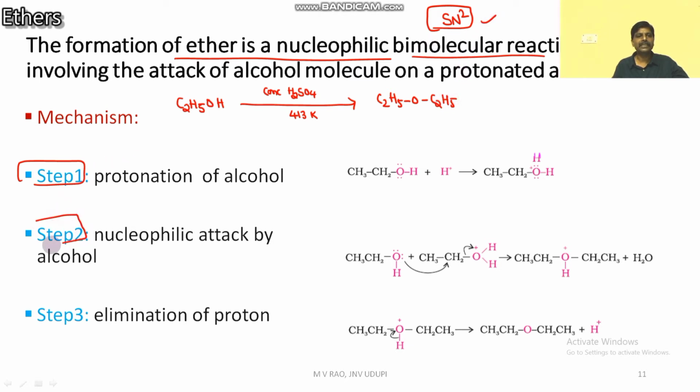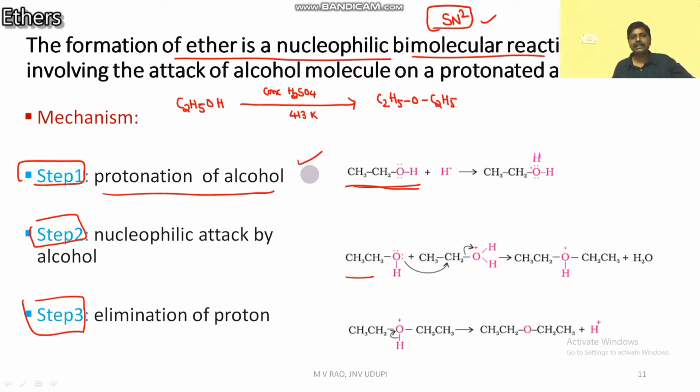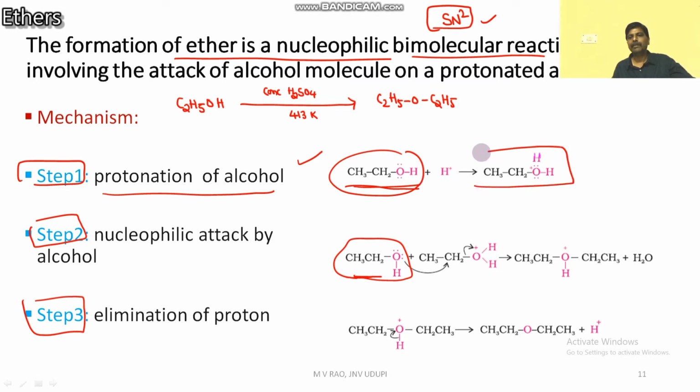It involves three steps. Step 1 is protonation of alcohol. This mechanism is similar to the dehydration of alcohol to alkene. There, one alcohol molecule is taken. Here, you have to use two alcohols. The first alcohol molecule gives an intermediate, and that intermediate again reacts with another alcohol molecule.